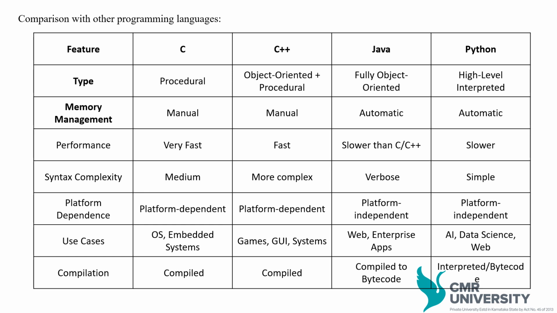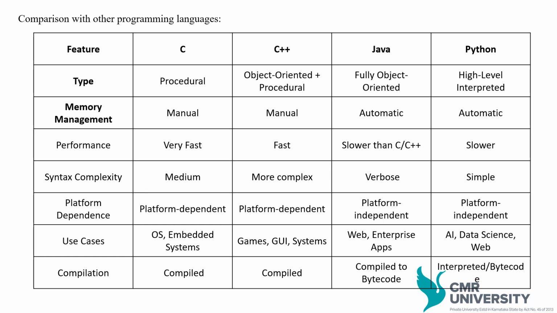Next feature, performance. C is very fast and efficient. C++ is fast, Java is slower than C and C++, and Python is slower. For syntax complexity, C is medium.